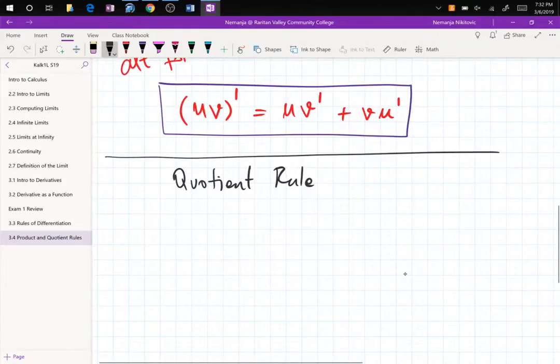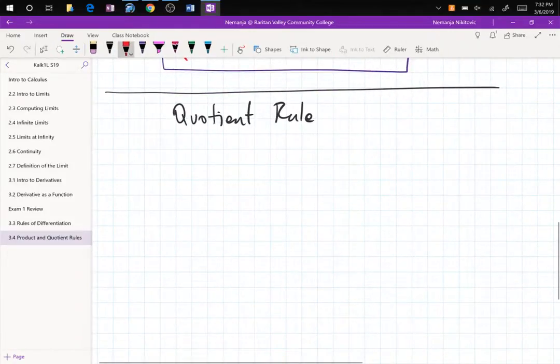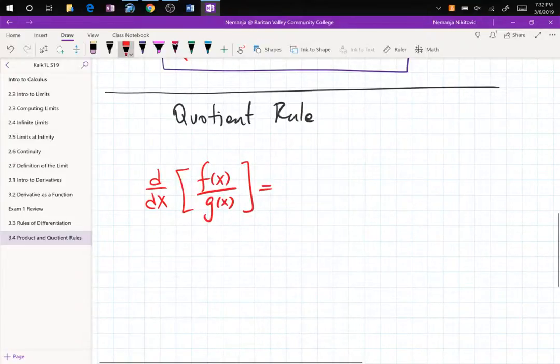So the quotient rule formula is when you divide f by g. The derivative of f of x divided by g of x is: the denominator will have g of x squared.